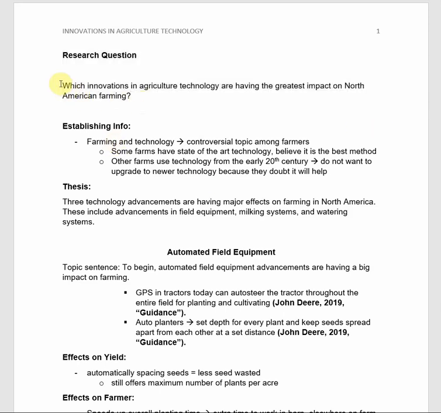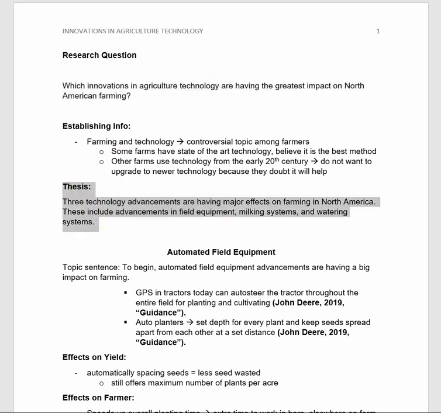So the research question for this assignment is: which innovations in agriculture technology are having the greatest impact on North American farming? This is a great question because it sets up an answer that might include three parts. The answer to this question would be the thesis statement.